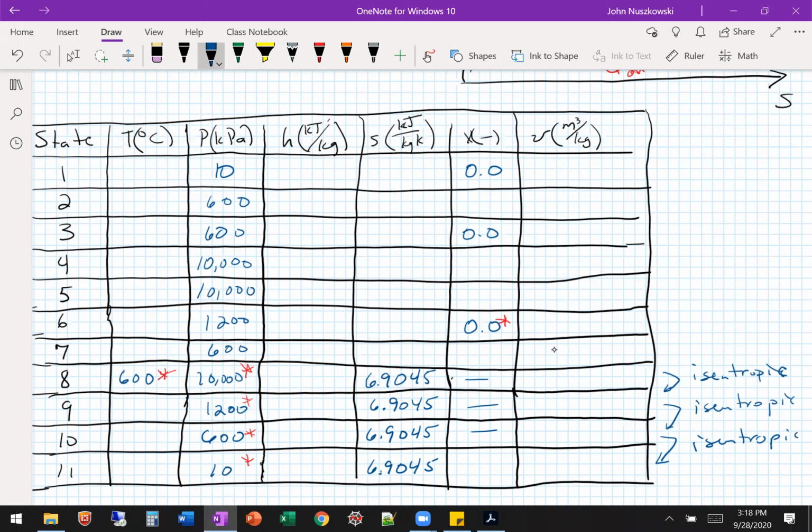We actually find out that this has a quality of 0.8341, from getting that entropy. Okay, so we have enough, we could get enthalpy for all those.